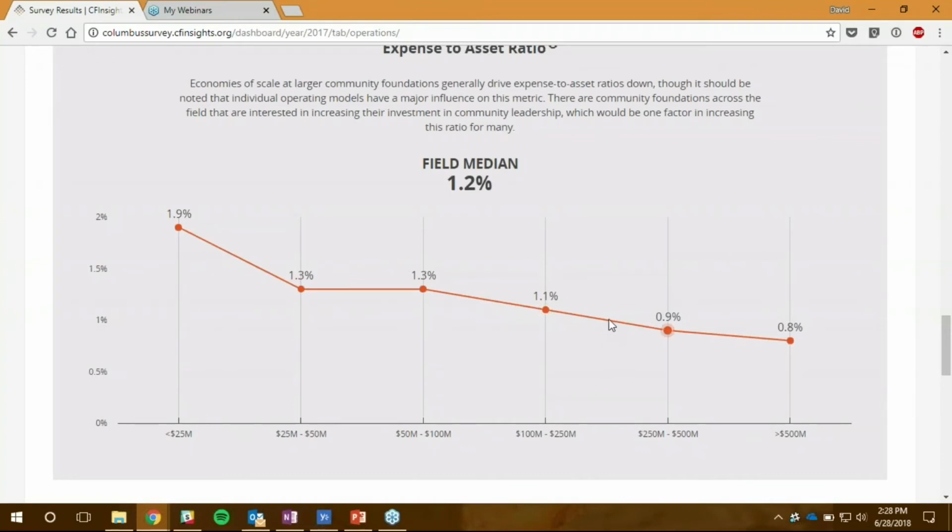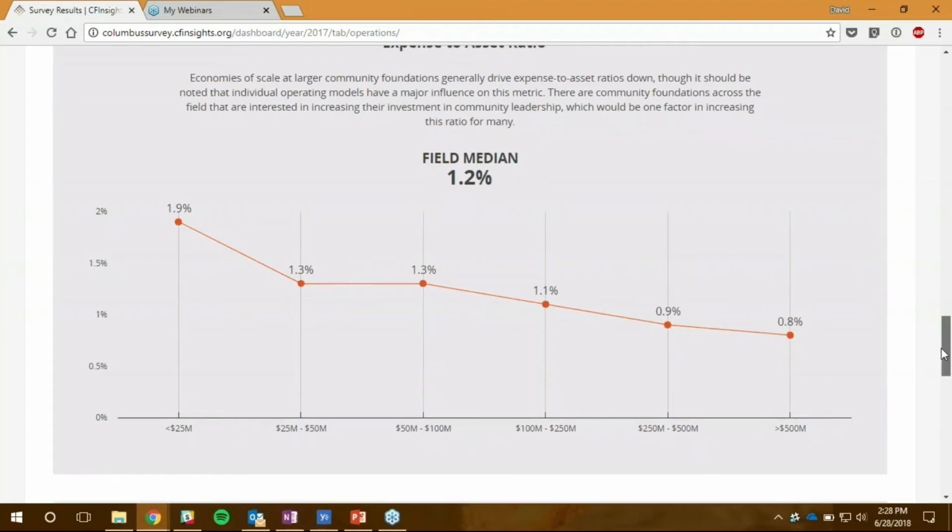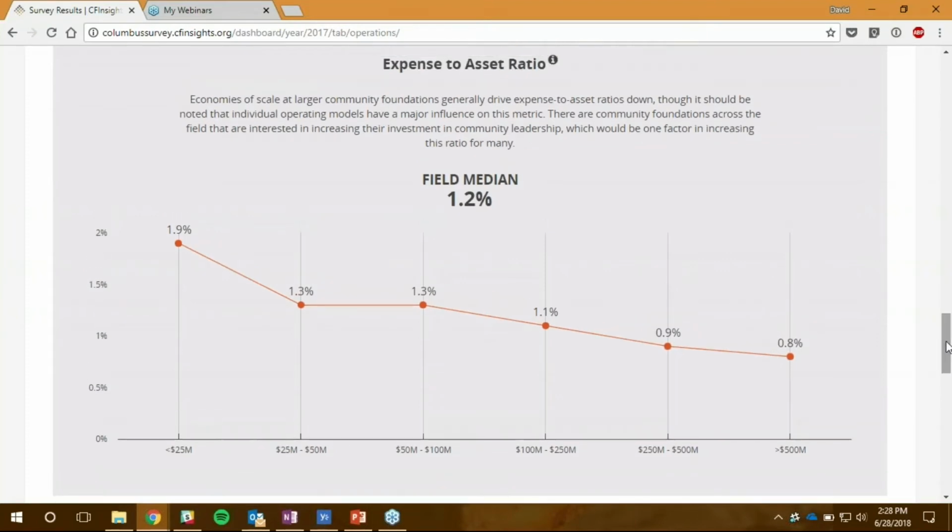But I should note that the conventional wisdom of the 1% standard is something that folks are moving a little bit away from. So more community foundations are investing a bit more in community leadership activities, in operating their own initiatives, and so these are investments that community foundations deliberately make, which will, for those foundations, raise that ratio a bit.